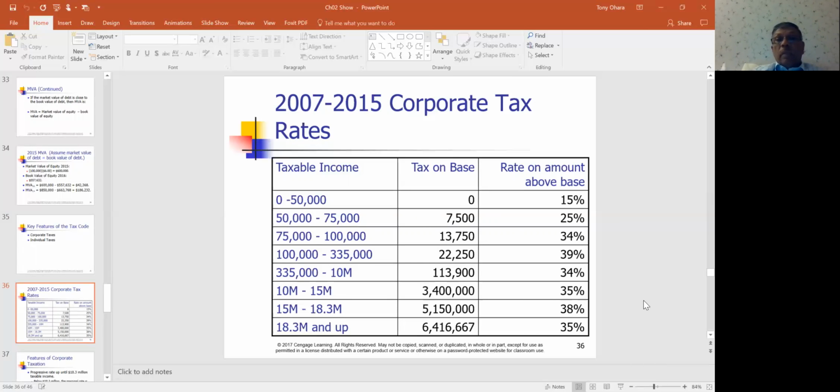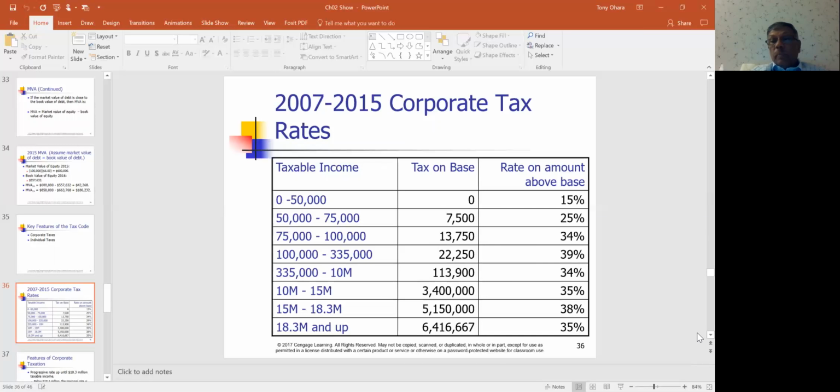Corporate tax rate, and talk about your tax base. So here we have some of these tax rates, and then we have rate on the amount. And most of our corporations, as they've been talking about, we pay a lot of taxes, and here it shows above 18.3 million and up 35%.